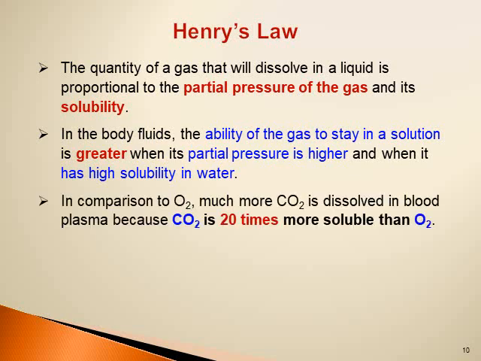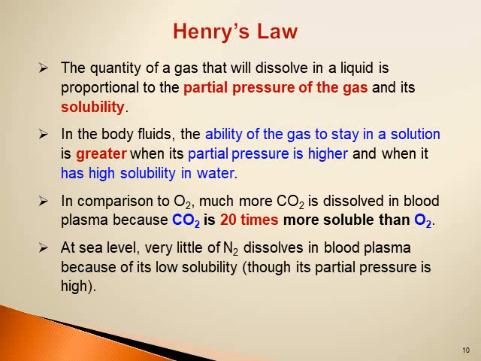When we compare oxygen and carbon dioxide, carbon dioxide is dissolved in the blood more because carbon dioxide is 20 times more soluble than oxygen. Please don't forget this piece of information. The solubility of carbon dioxide in water or in plasma is 20 times higher than the solubility of oxygen.